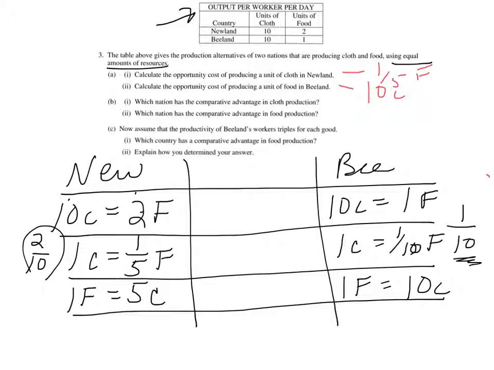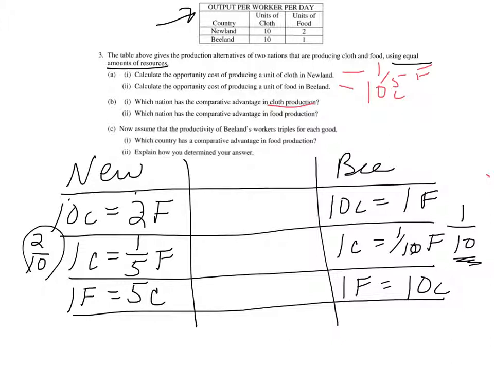And of course, as I'm writing out the problem, I'm going to go 3A and put 1/5 unit of food and 10 units of cloth. This is like in our reading period, that we might be able to do this.